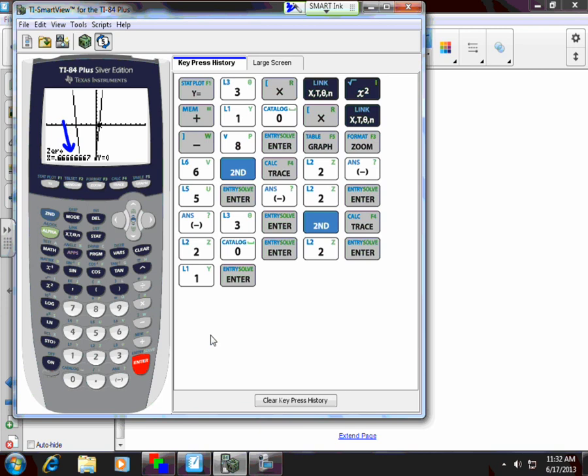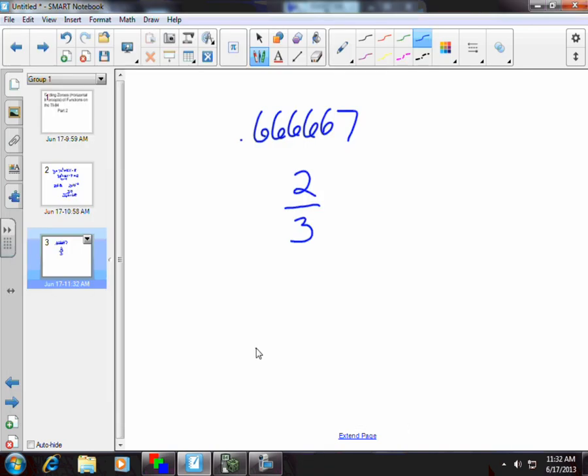But for simple cases like this, things that you should know, for example, 0.66666, that's really 2/3. 0.33333 is really 1/3. Or for example, if it would give you 0.125, you can actually find the fraction representation for that to get your solution.